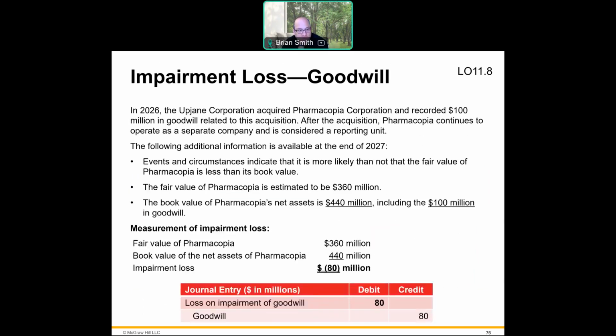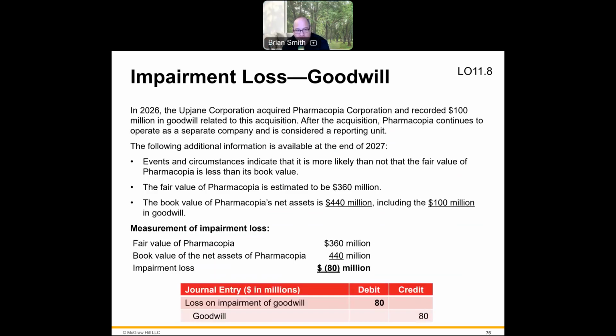Let's just look at some numbers. So we acquired Pharmacopoeia Corporation and had 100 million goodwill. Events and circumstances indicate that it's more likely than not that the fair value of Pharmacopoeia is less than its book value.